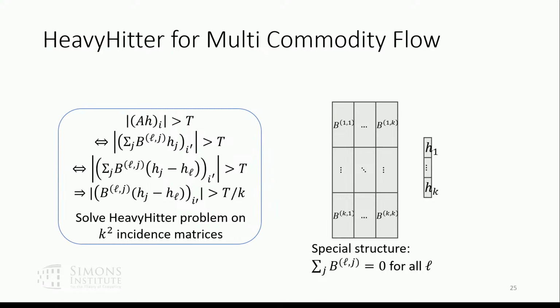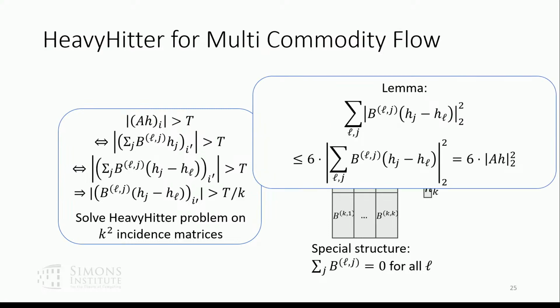So I can now look at where I have entries here that are larger than T over K. And Daniel, my co-author, has proven that the sum of these L2 norms is at most 6 times the L2 norm outside of the sum, which is like 6 times the original problem.